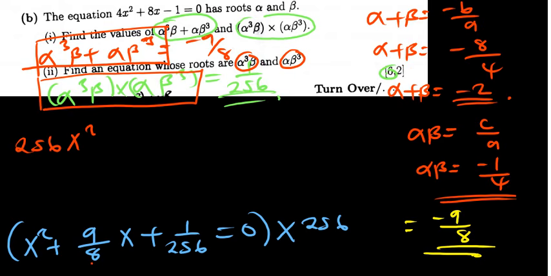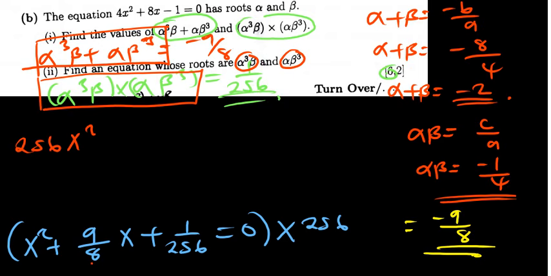Then 8 into 256. What is 8 into 256? 8 into 256 is 32.